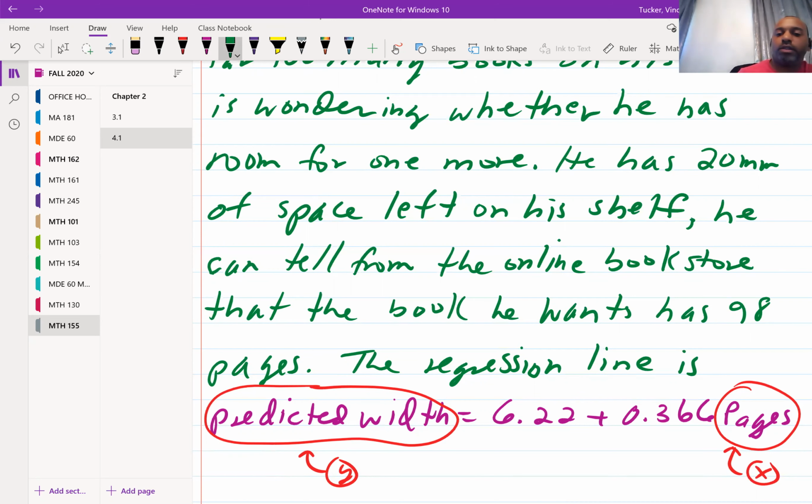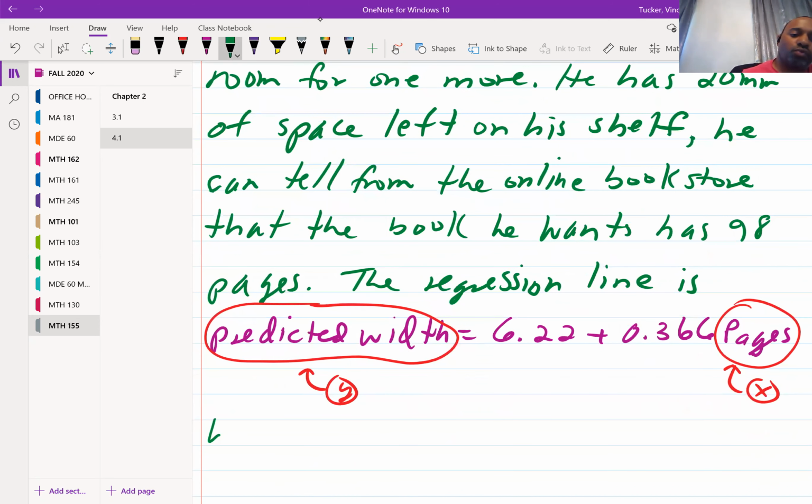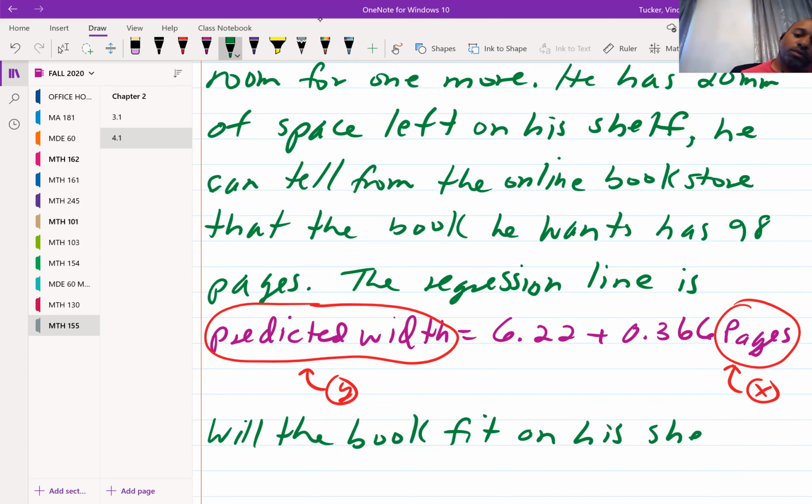So the question is, will the book fit on the shelf? This regression line is based on previous observations. If you remember from last class, we found the correlation coefficient because we had these observations.